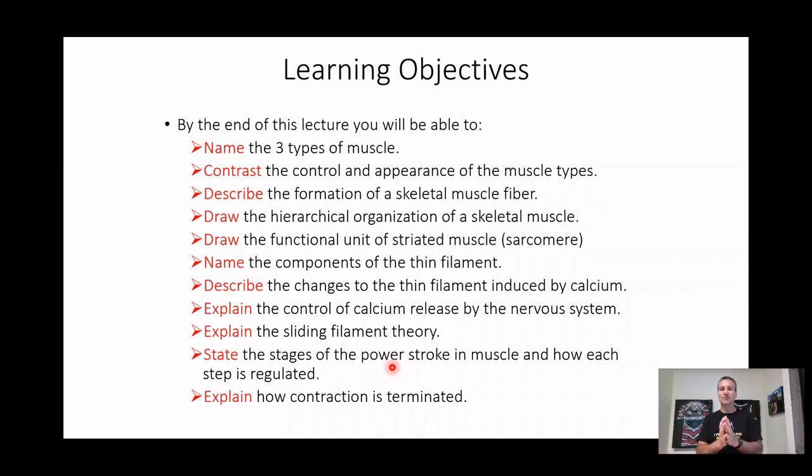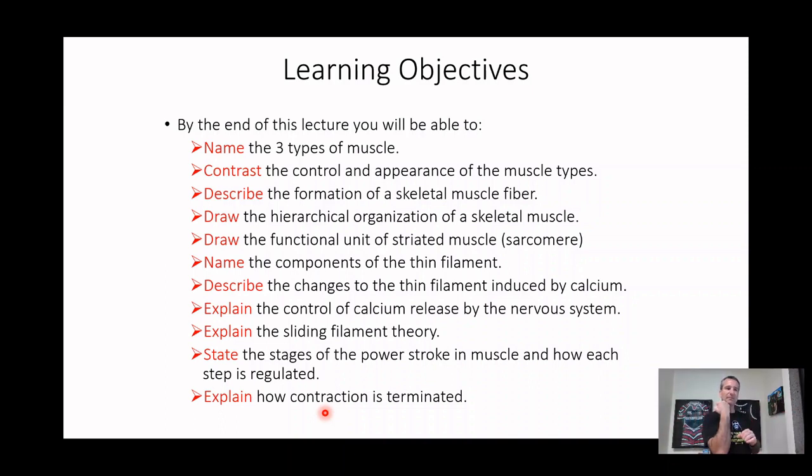And then you're going to be able to tell me how we stop a muscle contraction. Because the one thing we always talk about when we talk about muscle is contraction, shortening. Even when a muscle is working really hard and it's lengthening, going longer, muscles don't push, they only pull.